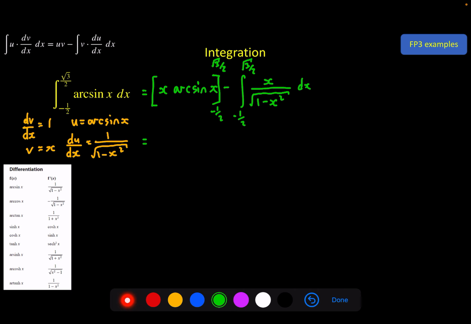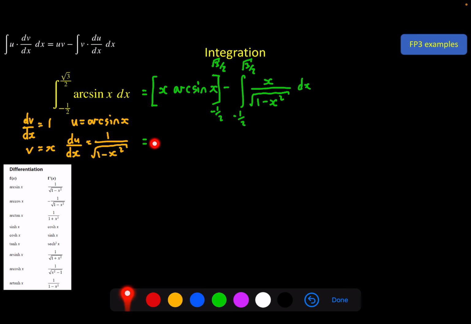So if I put that in, root 3 over 2 in here is just root 3 over 2, but the arc sine of root 3 over 2, I'm going to need my calculator, is pi by 3.